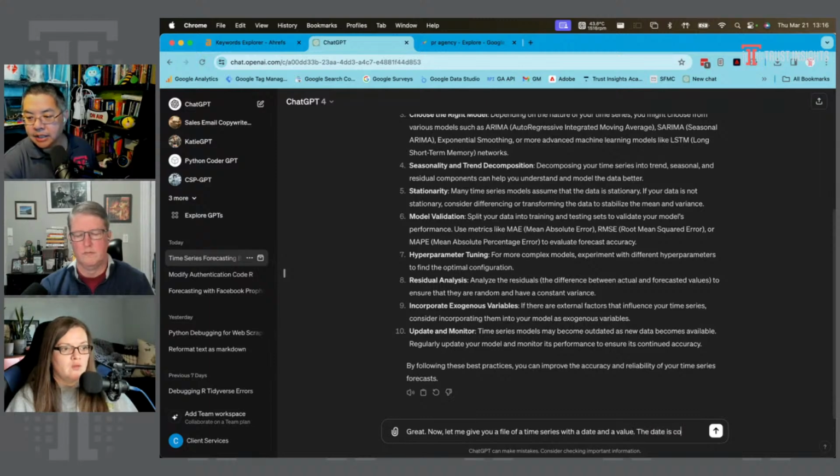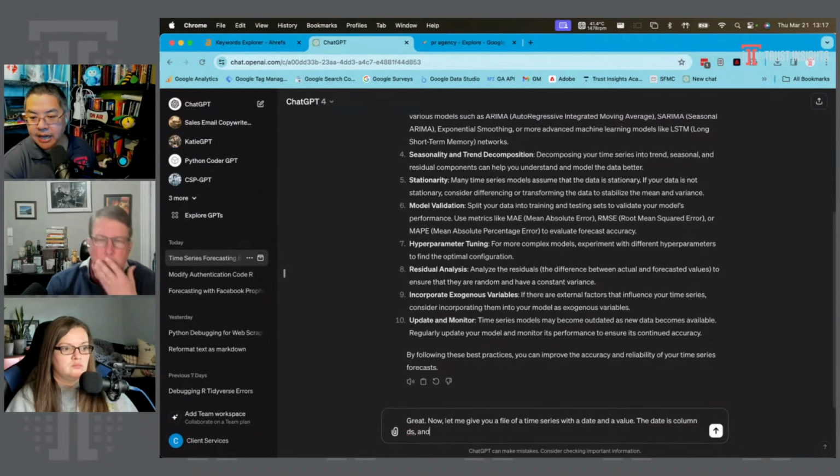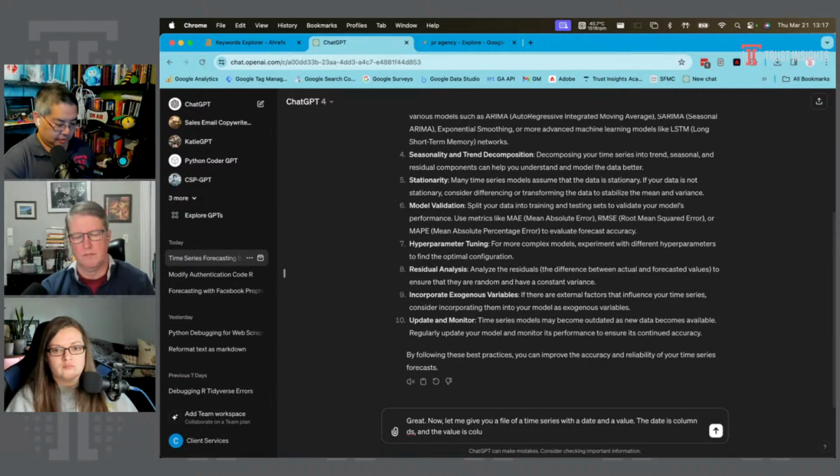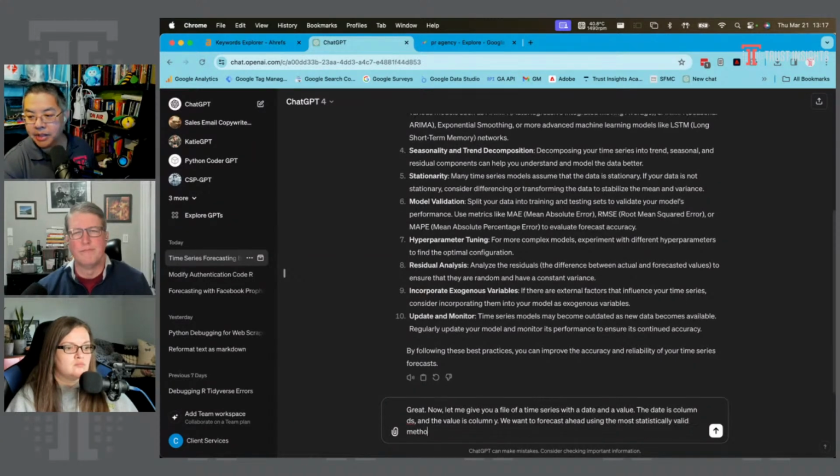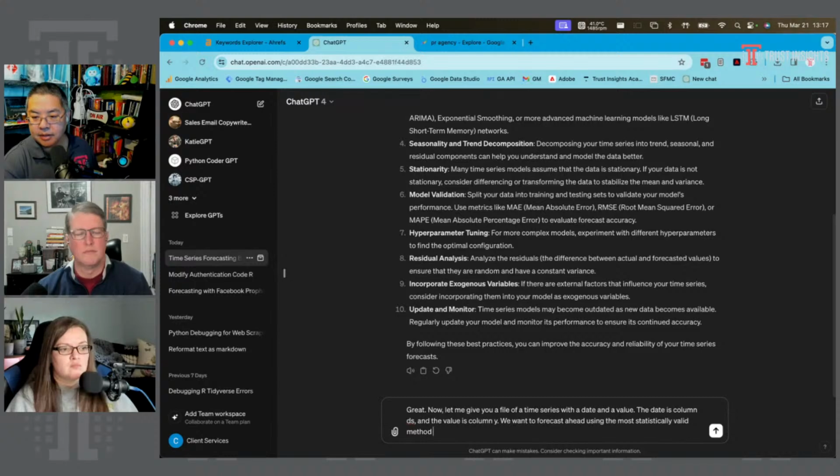The date is column DS and the value is column Y. We want to forecast ahead using the most statistically valid method, probably something like ARIMA, the next year.